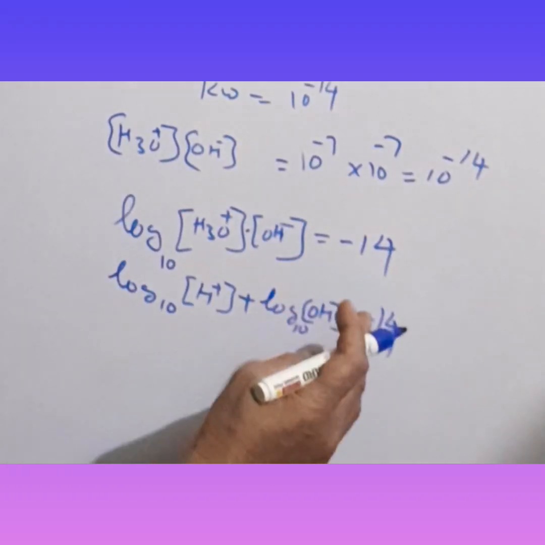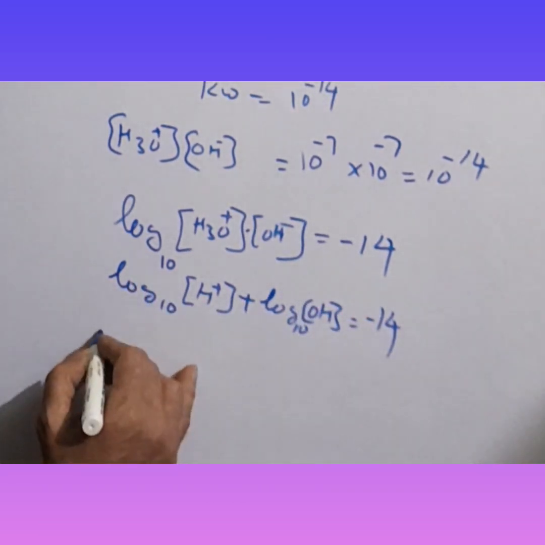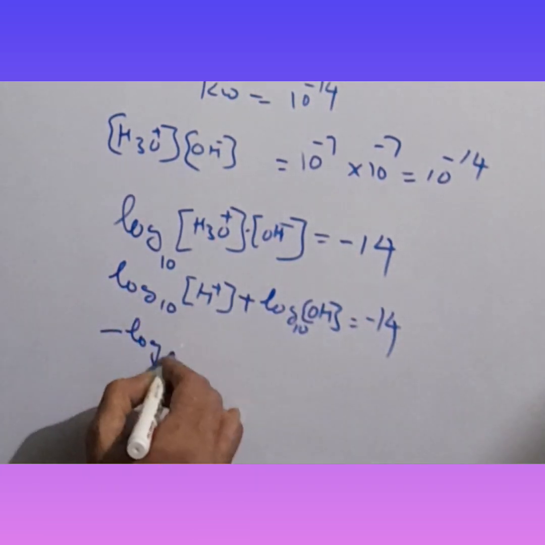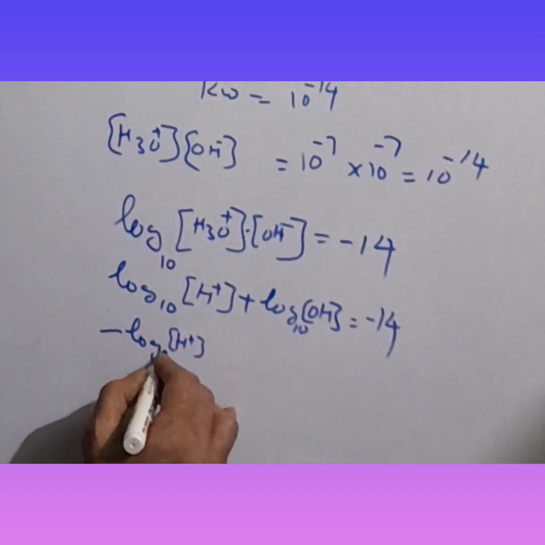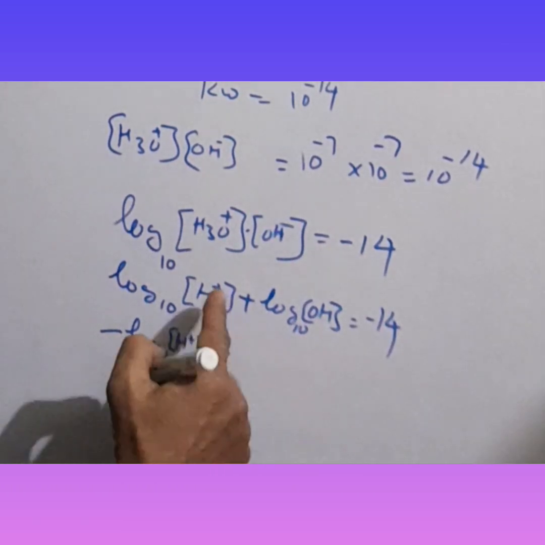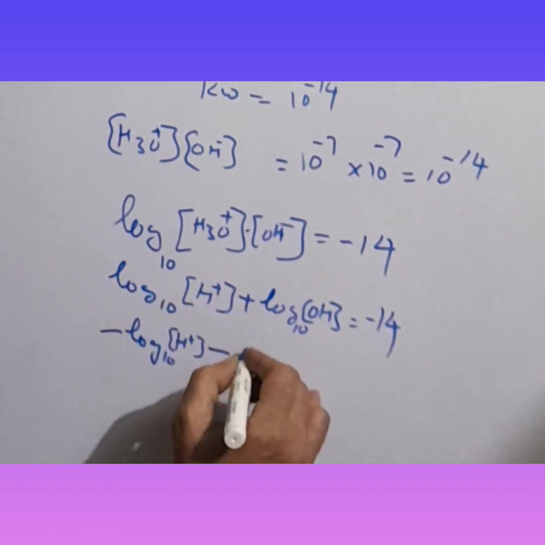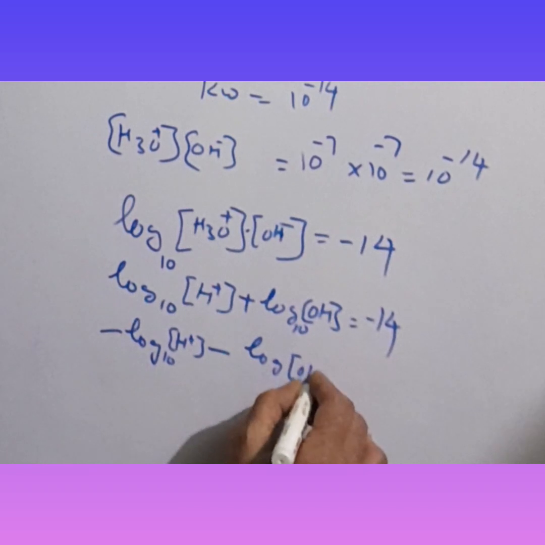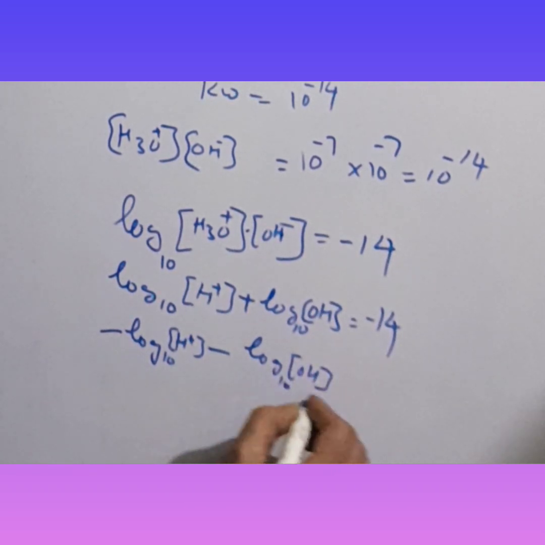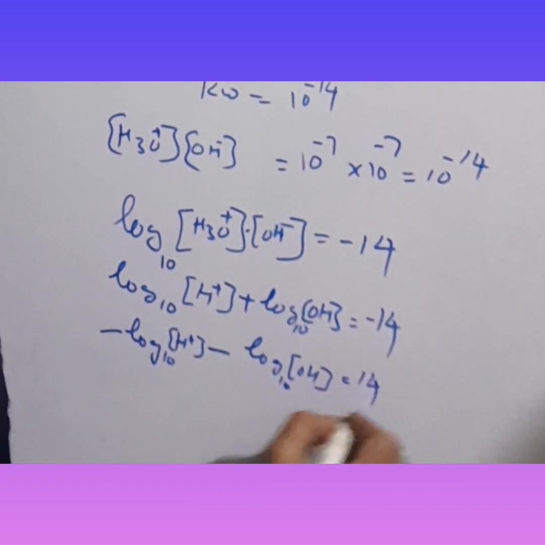Now if I take minus this side, it would be minus log of hydrogen ion concentration to the base 10, minus, this also is multiplied by minus, so minus log of hydroxide to the base 10 is equal to 14.